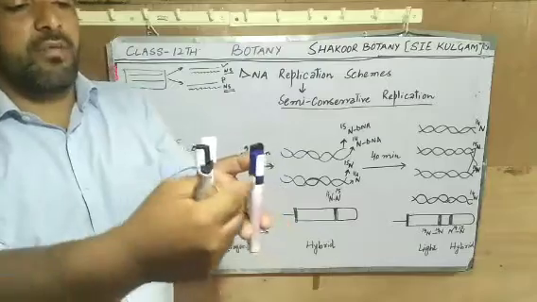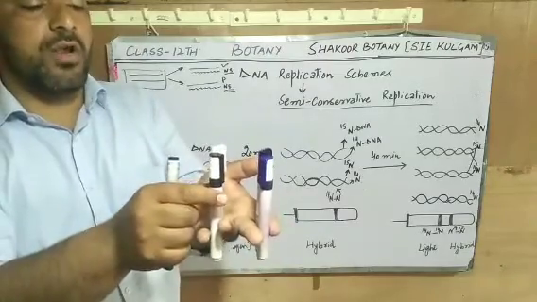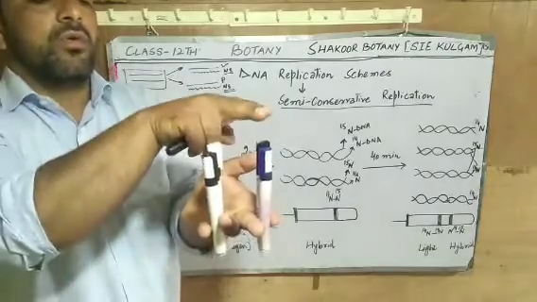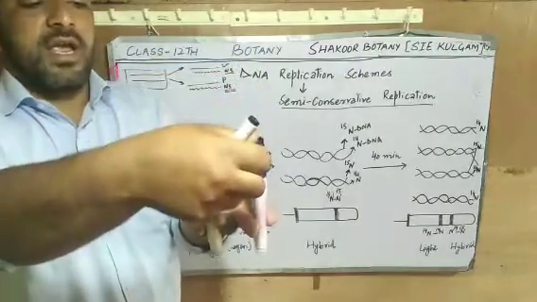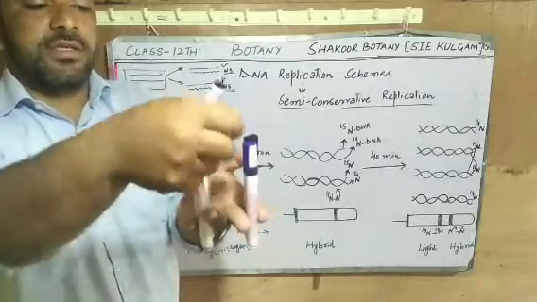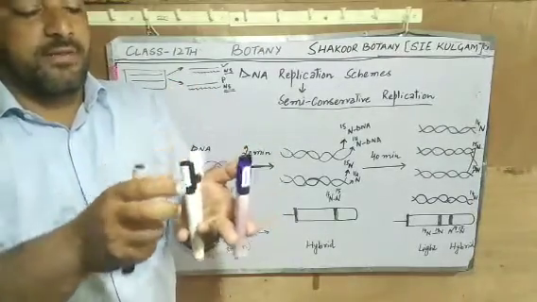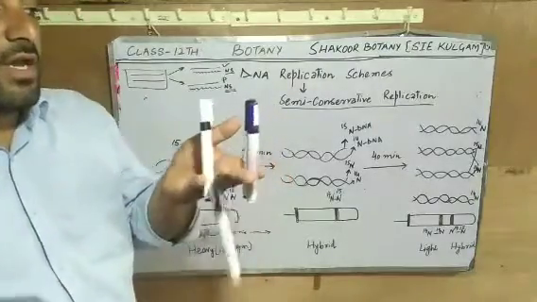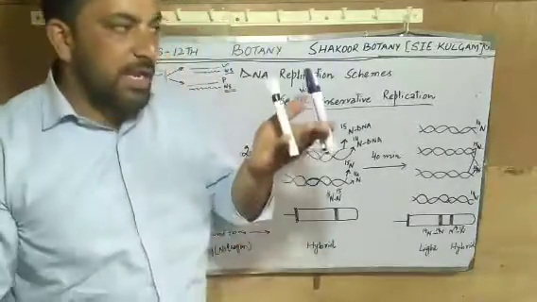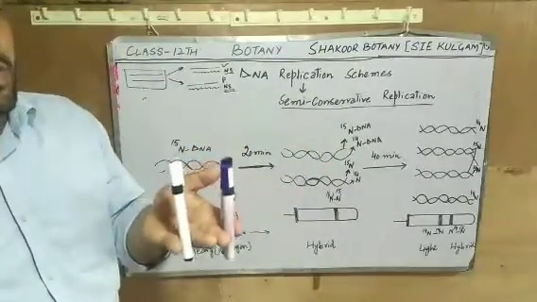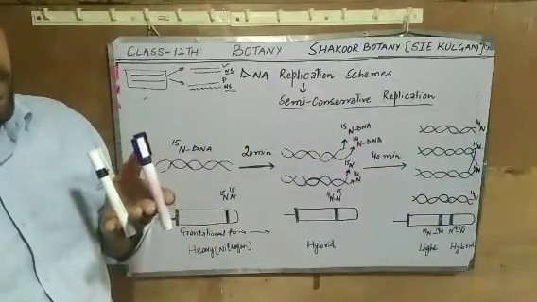So from one DNA molecule we get two DNA molecules, and in each newly synthesized DNA molecule we are having one parental strand and one newly synthesized strand. This mode of replication where each new DNA molecule has one parental strand and one newly synthesized strand is called semi-conservative mode of replication.